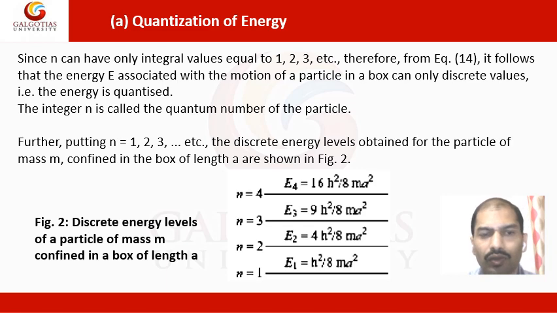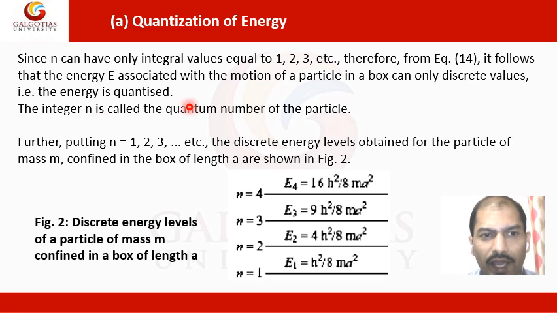Now there is a certain quantization of energy that can be found from this equation. Since n can have only integral values equal to 1, 2, 3, etc., it follows from the equation that the energy associated with the motion of the particle in the box can have only discrete values, that is, quantized energy.